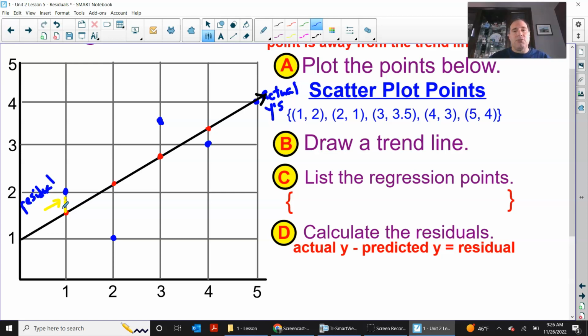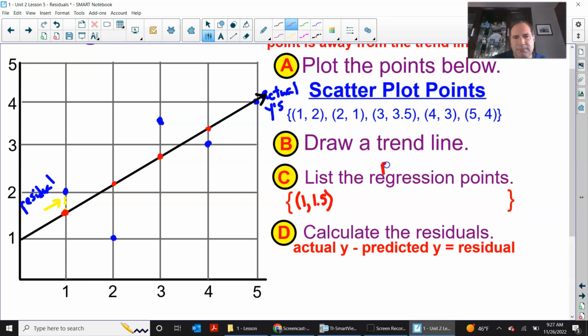All right. So when we list the regression points, we are actually going to list the predicted points. So we're going to put 1, and then let me put this red back right here. And that's 1.5. So I'm going to put 1, 1.5.